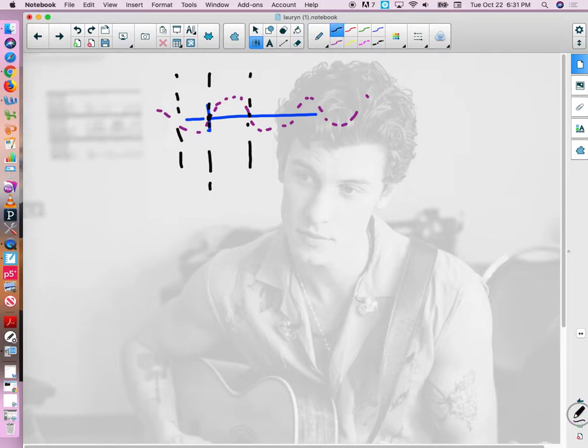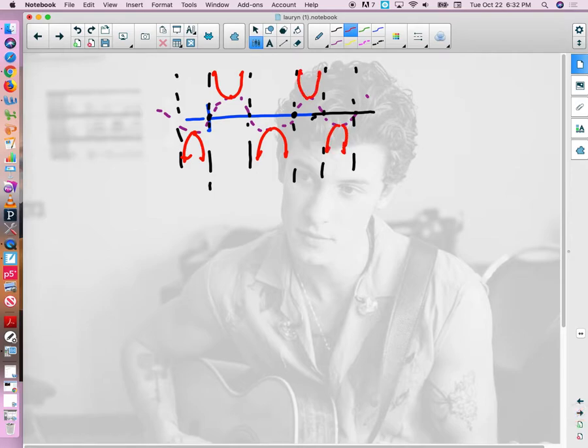Reciprocal of 0 is undefined, infinity. And then meet it at the amplitude and stay between your lines, and you would get the graph. That's all you need to do for cosecant and secant. Just graph their reciprocals and then stay within the lines.